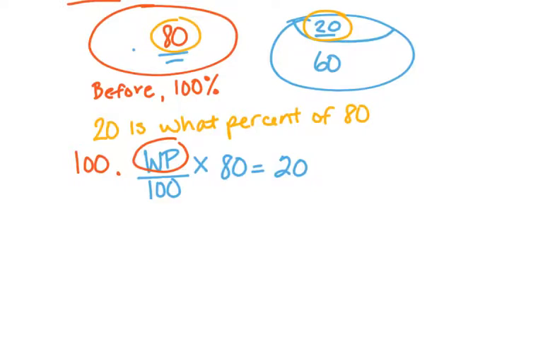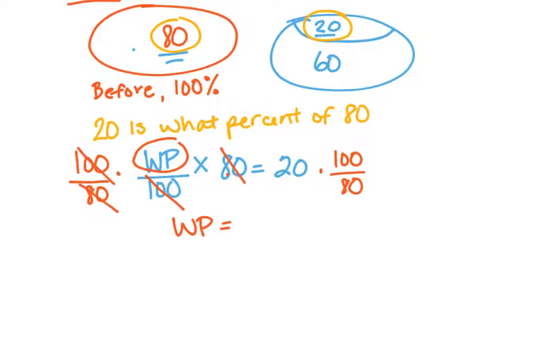And then we also need to divide each side by 80 because there's an 80 in a numerator. So that means I can multiply on both sides of the equation by 100 over 80. That allows these hundreds to cross out, this 80 and this 80 to cross out, making our goal of leaving what percent on one side of the equation.